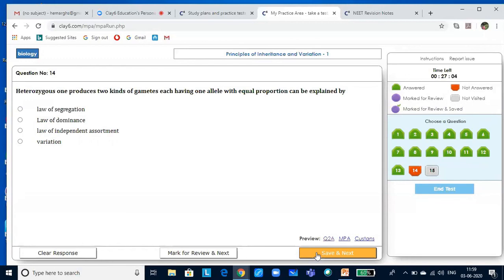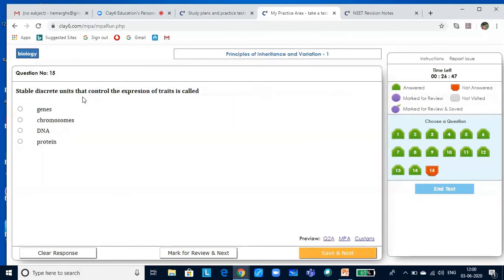Stable discrete units that control the expression of traits are called genes.